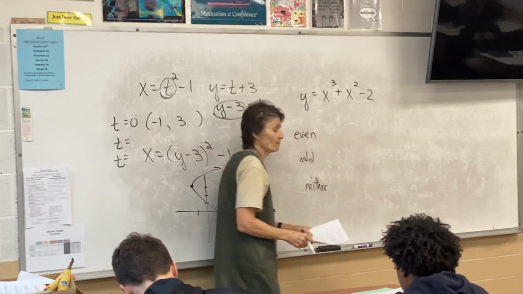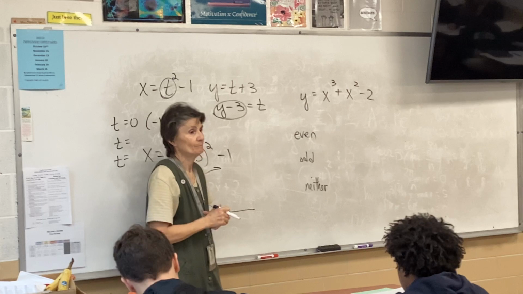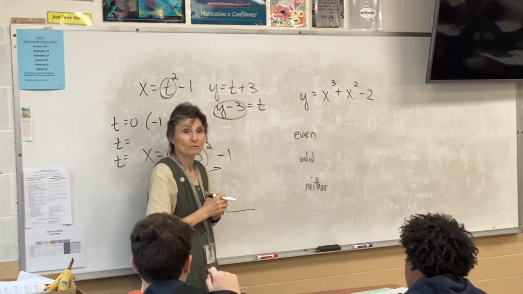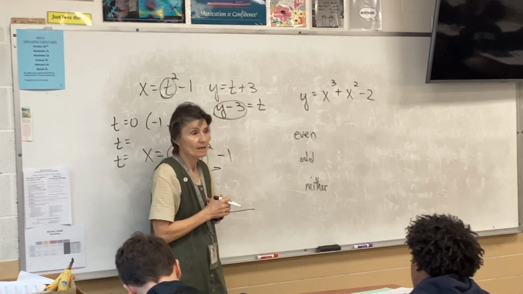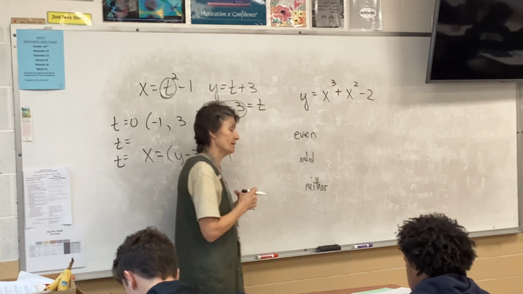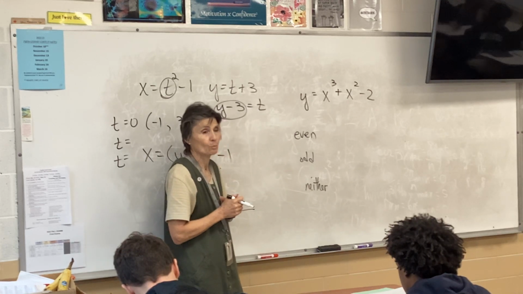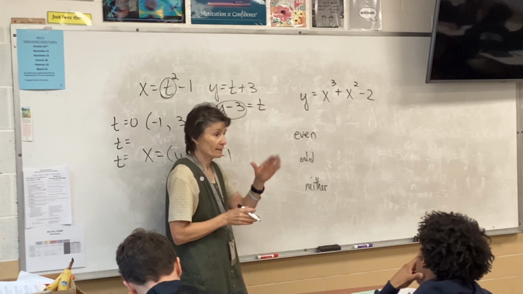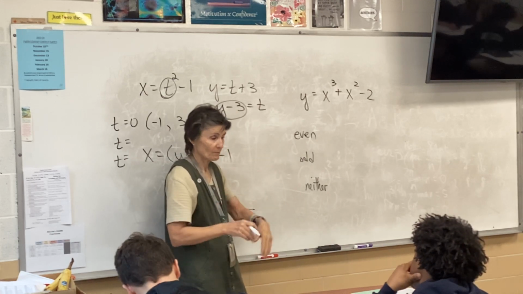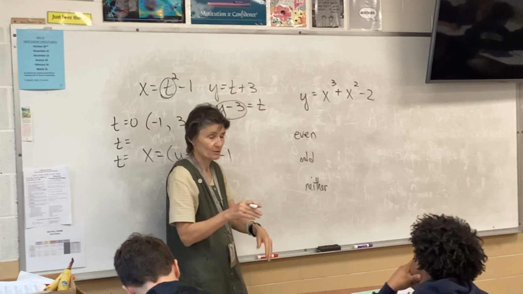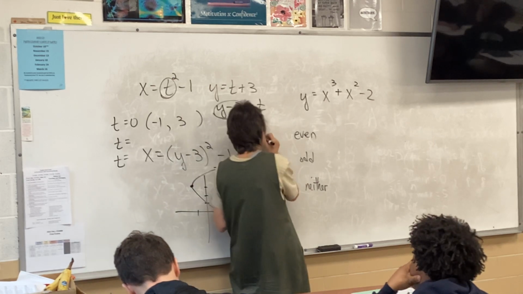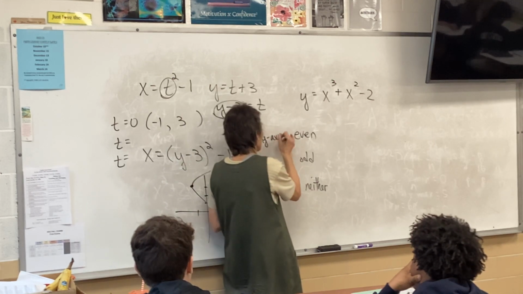What does even mean? When a function is even, it means what? Symmetric over y. It has symmetry over the y-axis. And what that means is that the sign on x has no impact on y. If you plug in 2, you get 2. If you plug in -2, you still get 2. It has symmetry across the y-axis.